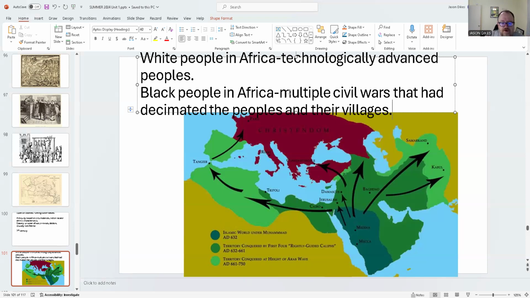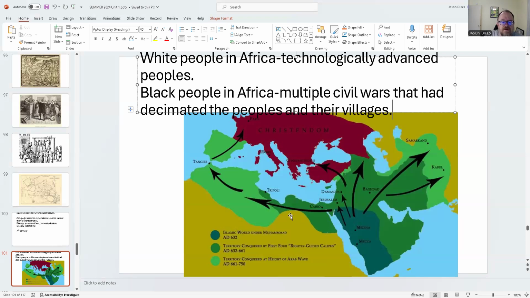They come into this part of Africa where civilization has been laid waste to by multiple civil wars. Those civil wars had led to agricultural collapse, which had led to civilizational collapse.